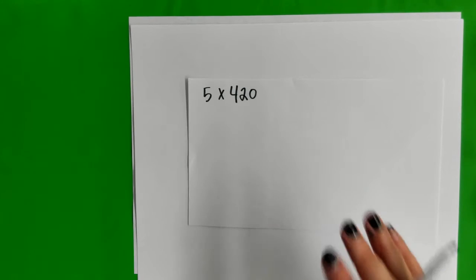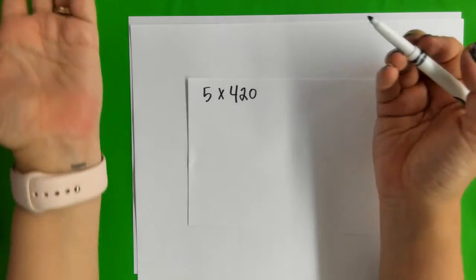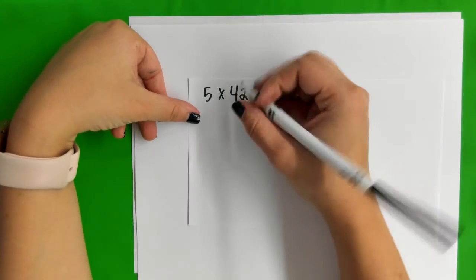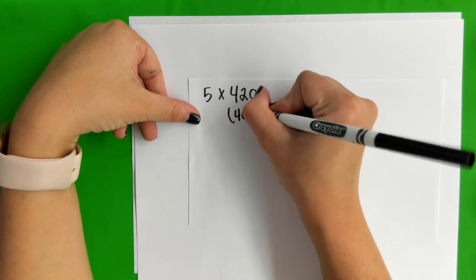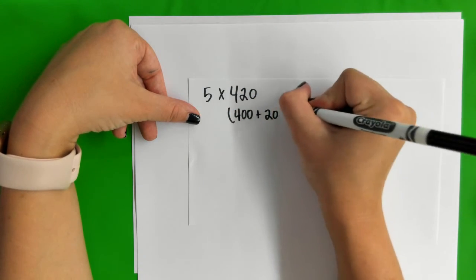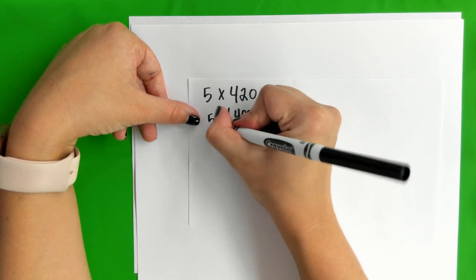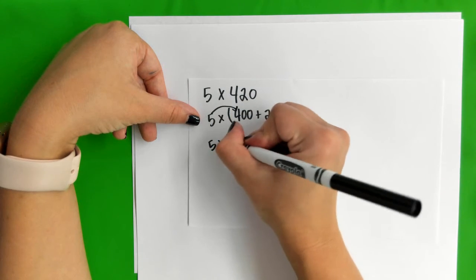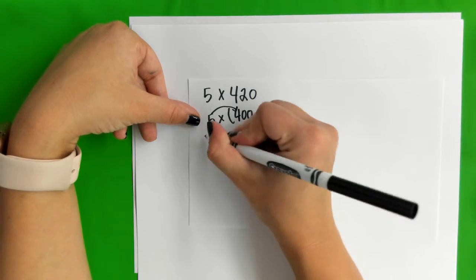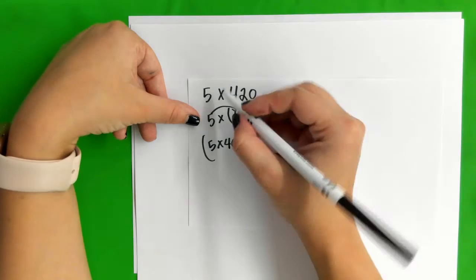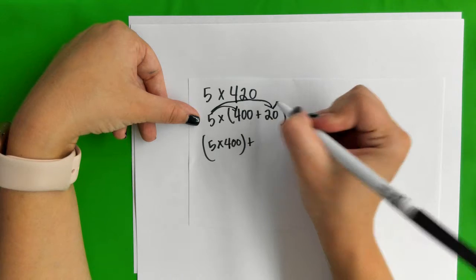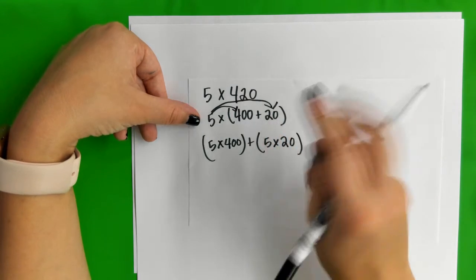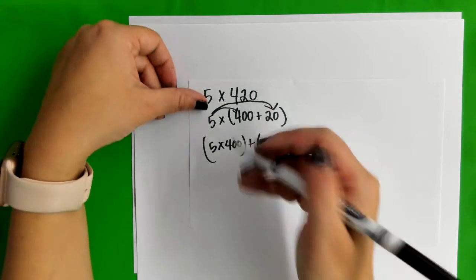And then this problem, we can go back kind of to our expanded form, and we know that 420 can be broken up into 400 plus 20. Drop our 5 times, distribute it out, so we can have 5 times 400 plus 5 times 20. 5 times 4 is 20.